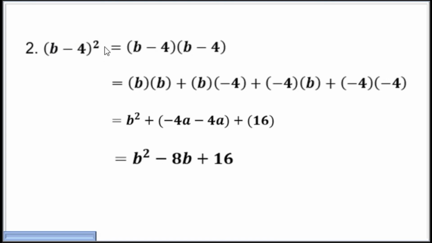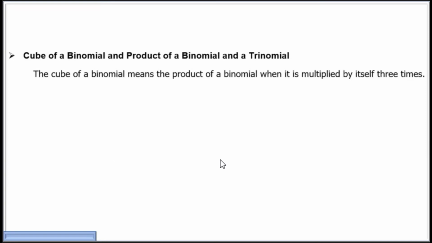Square the last term. Remember, include the sign. 4 squared is negative 4 times negative 4. Negative times negative, positive. 4 times 4, 16.